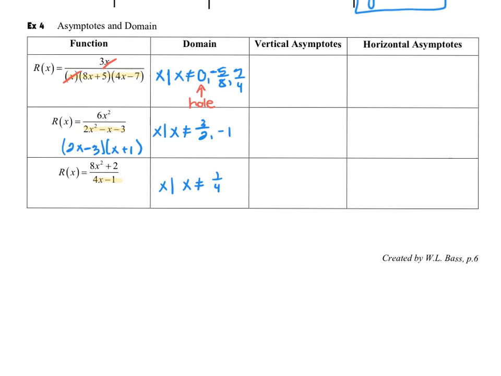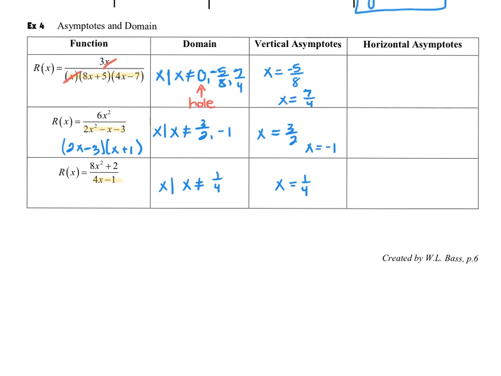That also means that since that becomes a hole, only the x equals negative 5/8 and the x equals 7/4, only those two become vertical asymptotes. On the next two, nothing's going to cancel, so both of those domain restrictions become vertical asymptotes. And this one also is a vertical asymptote.